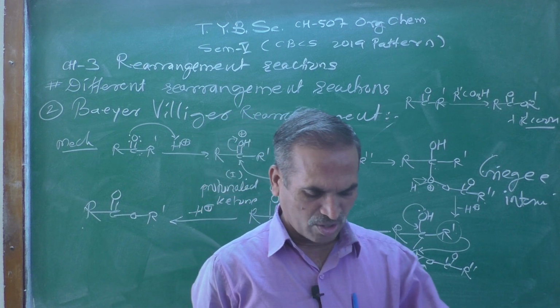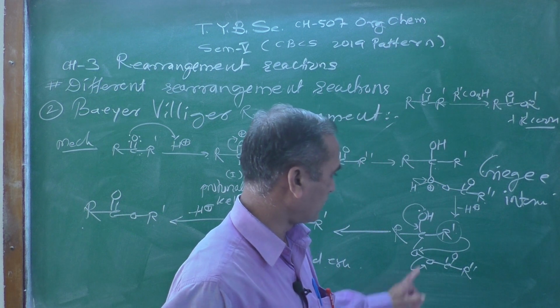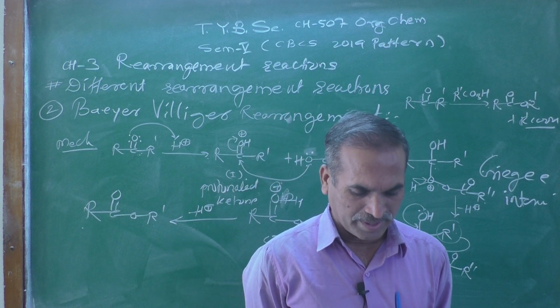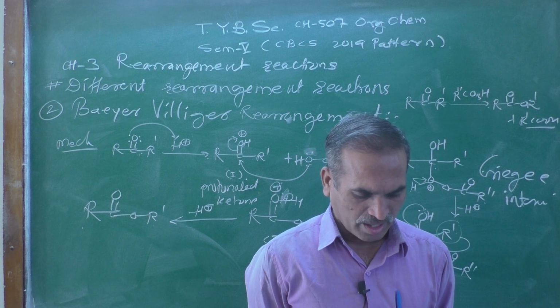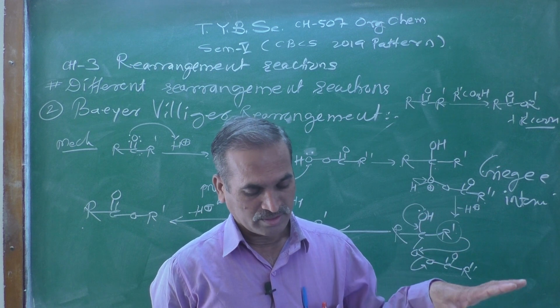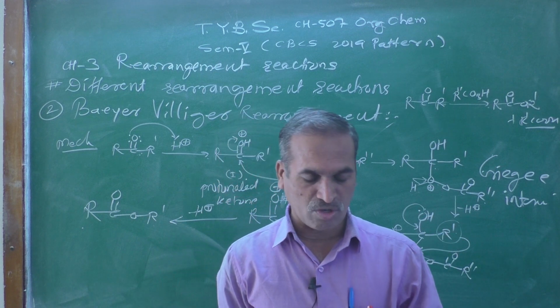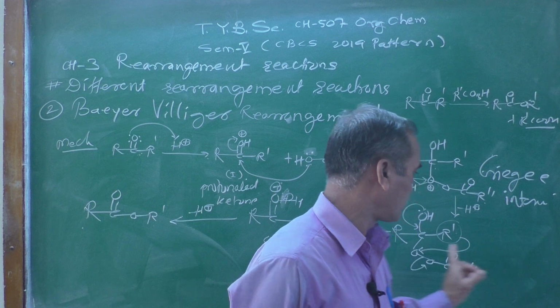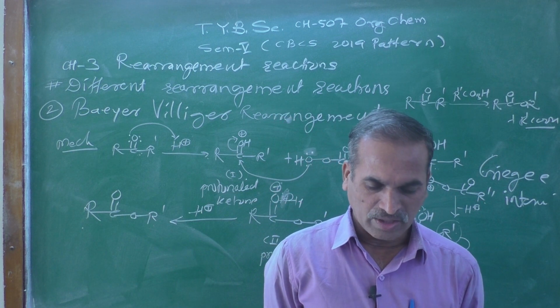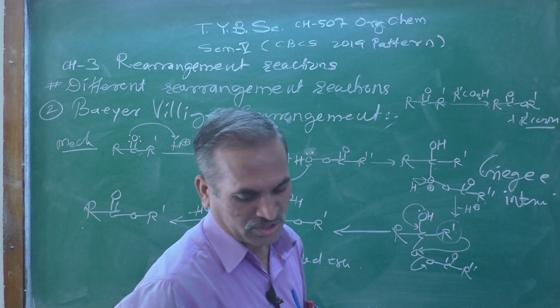Then elimination of the carboxylate ion and migration of the alkyl group to the electron deficient oxygen take place simultaneously, as shown here, to give a protonated ester molecule.